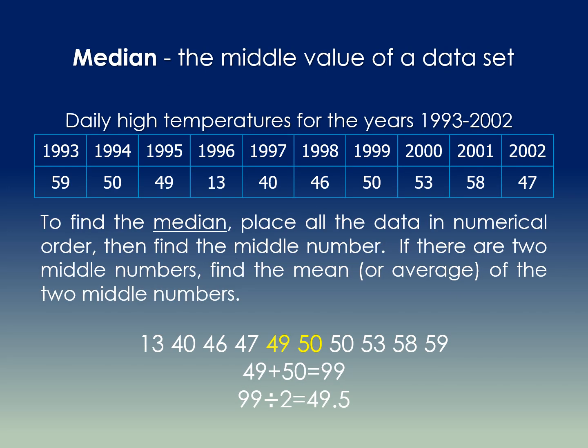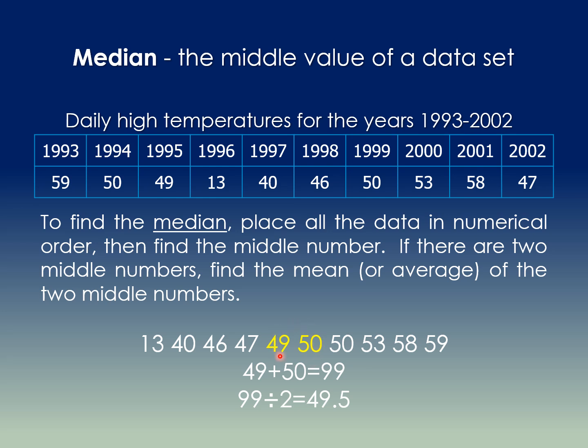So let's go back to our example of our average, or our mean high temperature for the years 1993 to 2002. And in this case here, we've got 10 scores and we want to find the median. But the problem is, if I look at 50% of the scores that fall above and 50% of the scores that fall below, I end up with 2 scores in the center here.